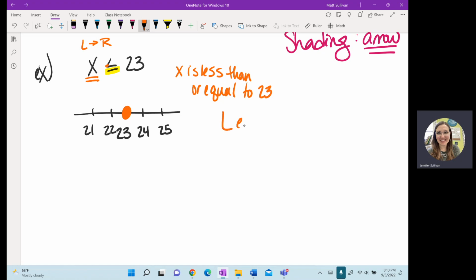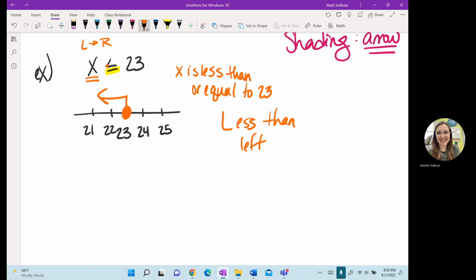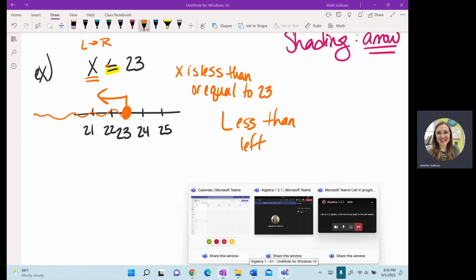Oh, L for less than, and this is also left. That's handy. So we're going to go left. This is how I would graph it. Because all of these numbers anywhere over here are going to plug into x and give me a true statement. How am I doing on my time?